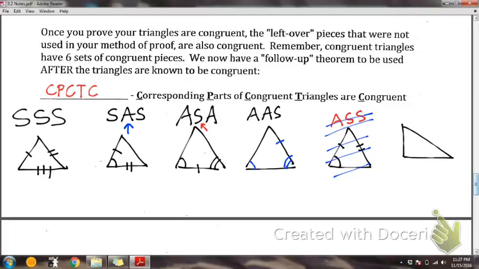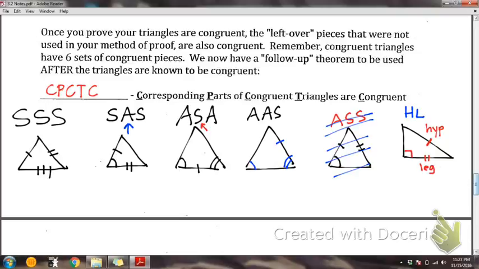So let's draw a right triangle. If you have an angle and you have this side, which is called the hypotenuse, we haven't talked about this yet. This is chapter 5. If you have a hypotenuse and then one of the other sides, this does look like angle, side, side, but because it's a right angle, instead of angle, side, side, we use what's called HL for hypotenuse leg.